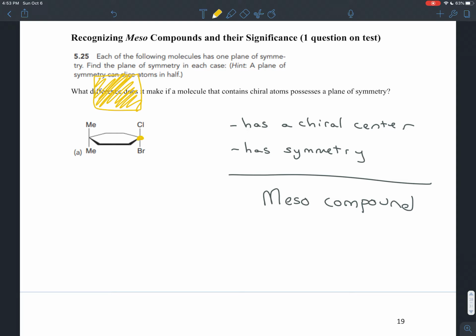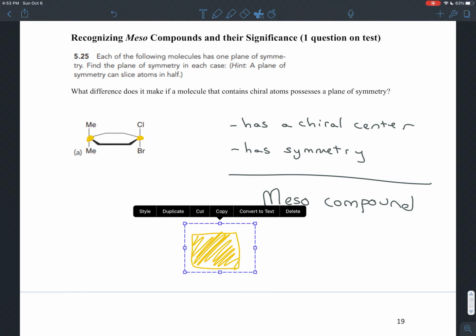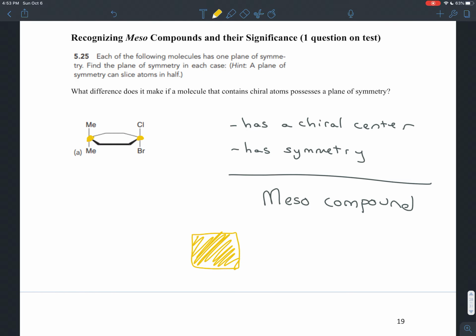So we're letting that plane down so that it slices those two atoms. In that case, you have a plane of symmetry right there, cutting through the molecule across this bond.